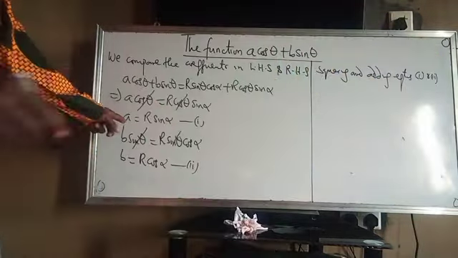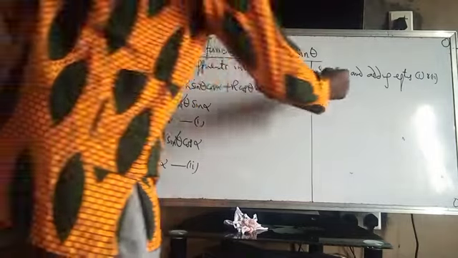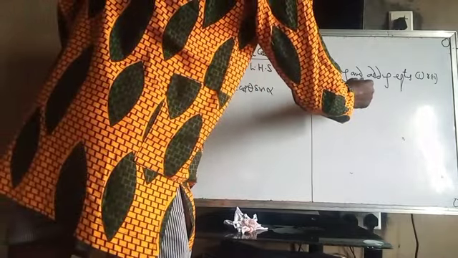Now, squaring both equations and adding them together. Equation 1: a squared is equal to r sine alpha all squared, which will be r square sine square alpha.